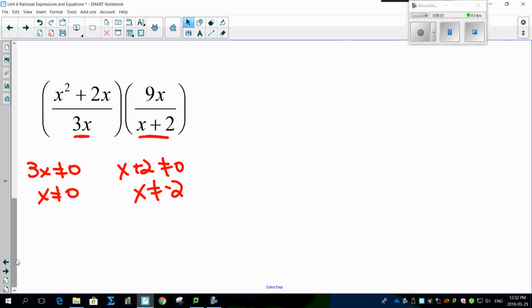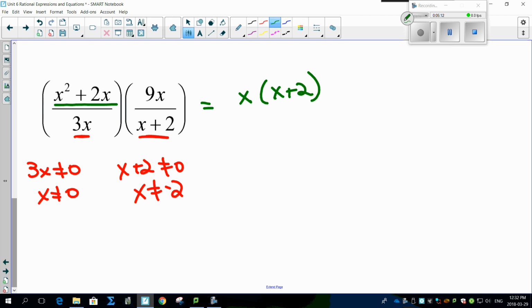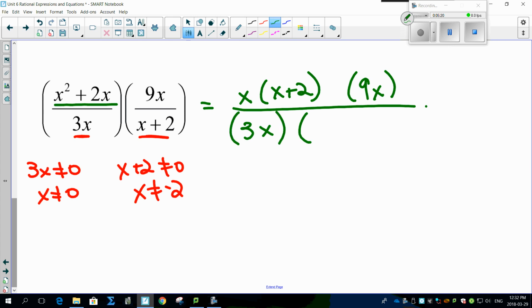Now, let's do a little bit of factoring because there's something to factor right here. So we can take an x out of that. So this becomes x plus 2 times 9x, that's what was there, over 3x times x plus 2. Look what can cancel. The x plus 2's can cancel. They're gone. An x can cancel with this guy. That's gone.